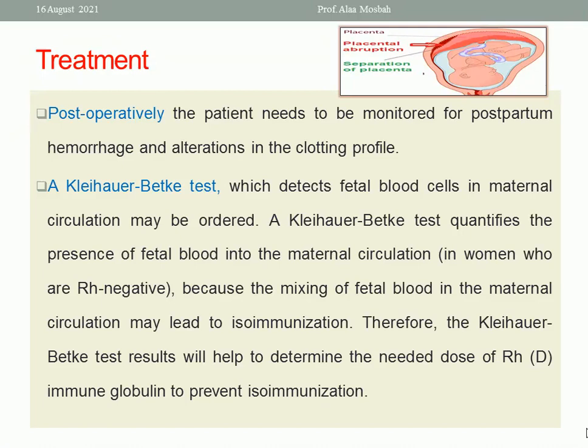Because I want to know the amount of fetal blood that passed into the maternal circulation, to give the patient the appropriate dose of anti-D immunoglobulin. So we do this test to know the proper dose of Rh immunoglobulin to prevent isoimmunization.